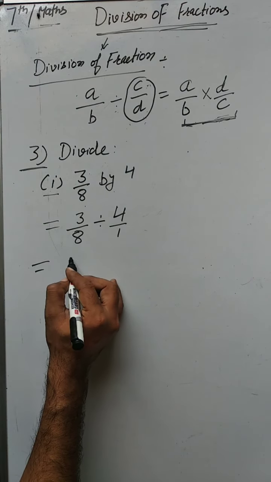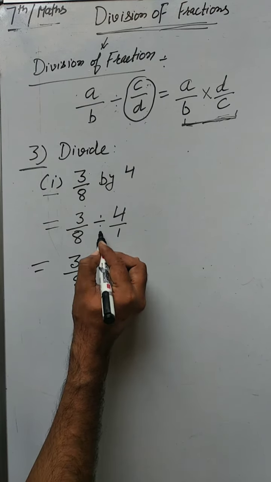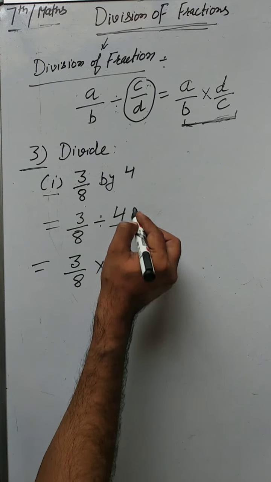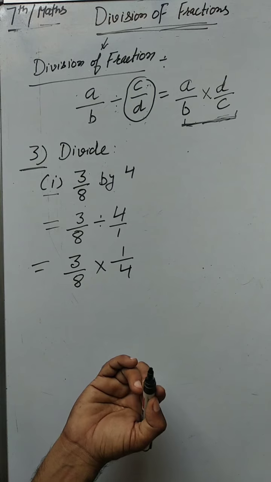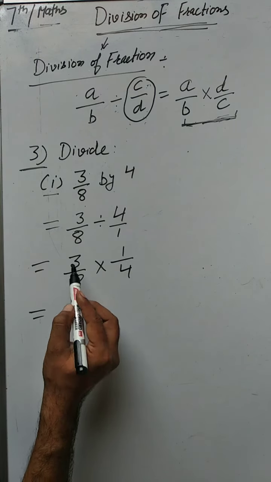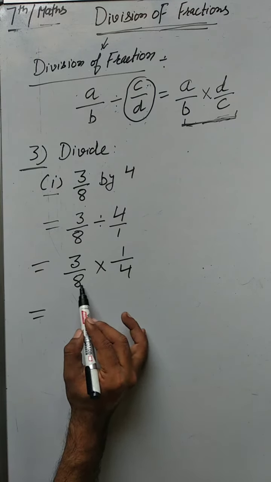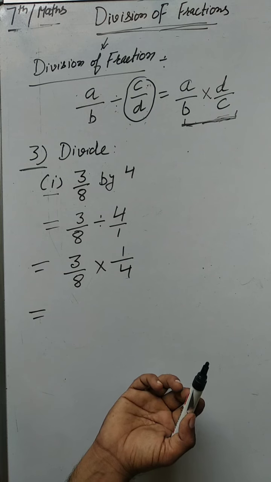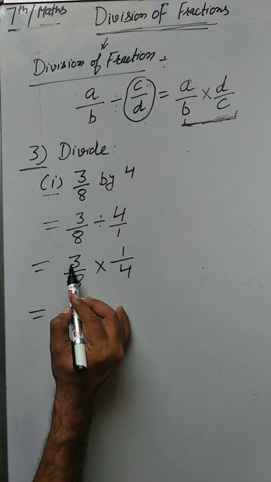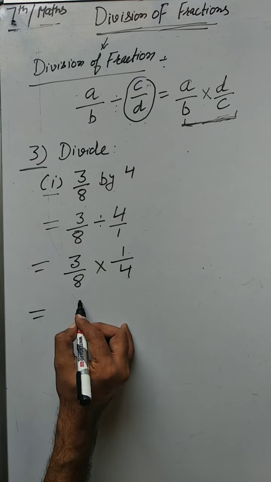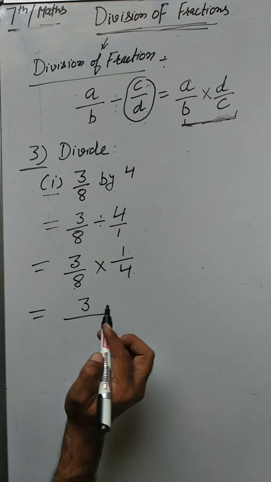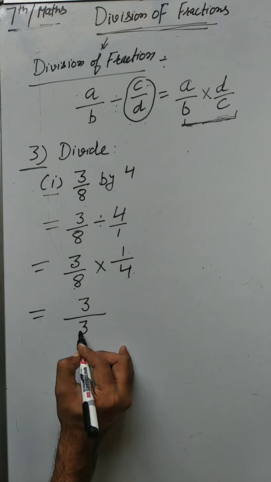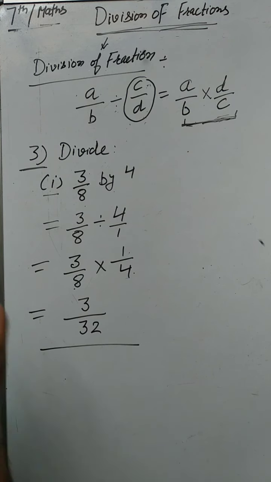Now simply keep the first fraction as it is. Change division into multiply, and the reciprocal of 4 upon 1 will be 1 upon 4. Now look, is anything common between numerator and denominator? Nothing is common. So simply multiply numerator with numerator, 3 multiply 1, 3. Denominator with denominator, 8 multiply 4, 8 4s are 32. Understood beta?